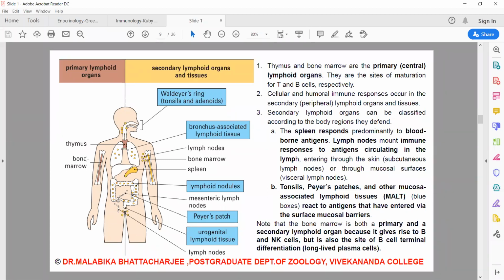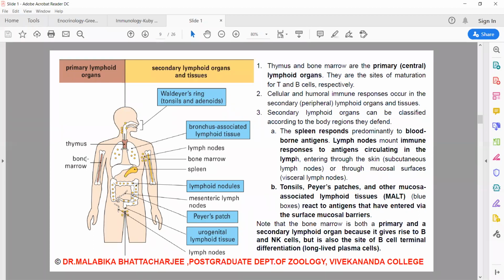There is one interesting note regarding bone marrow. Bone marrow is a primary lymphoid organ and it also serves as a secondary lymphoid organ because it helps in B cell terminal differentiation. For the second semester, B lymphocyte development is not part of the syllabus, so I'm not getting into that.